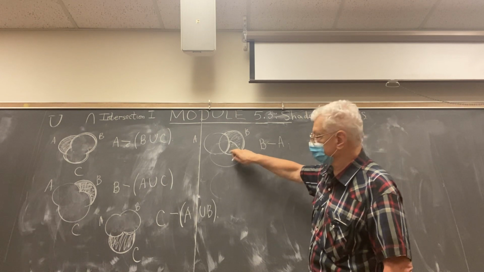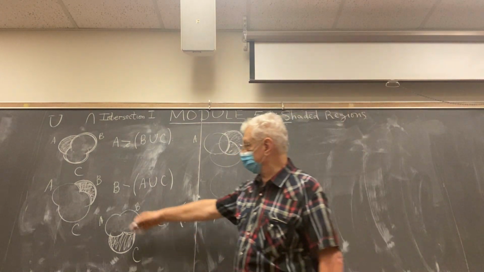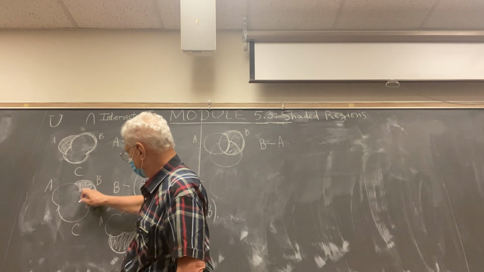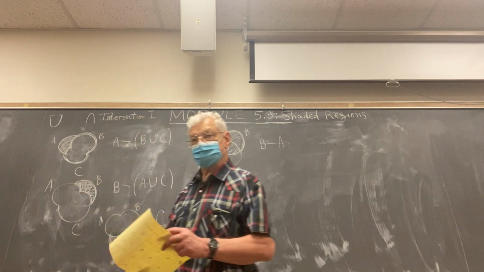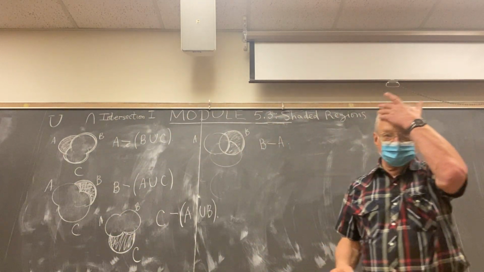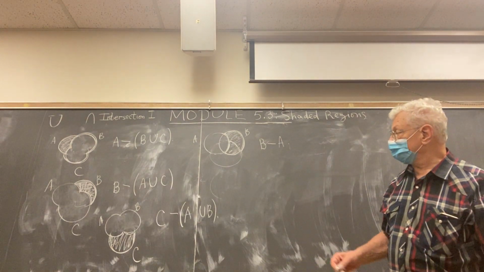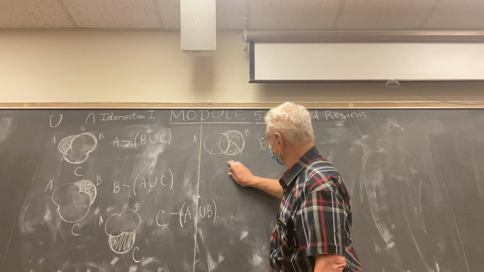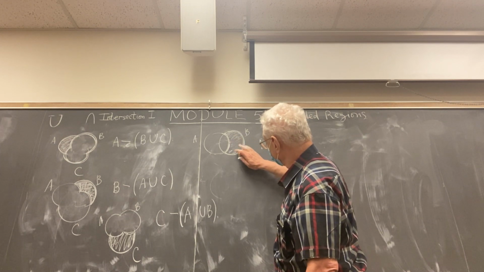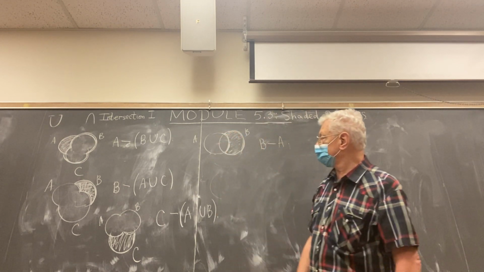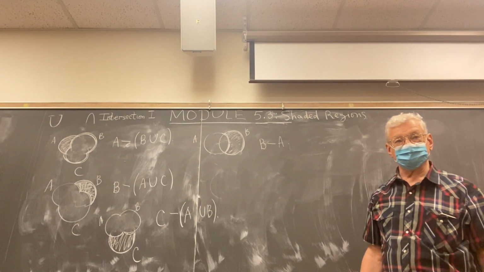But that part is not described yet. On these pictures you have only this part, but what is that part in the middle, which involves C? We don't know. But if you forget about C, once again, you'll get only two sets, B minus A, very easy.